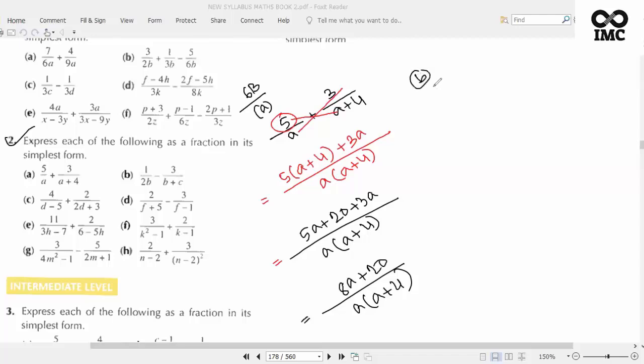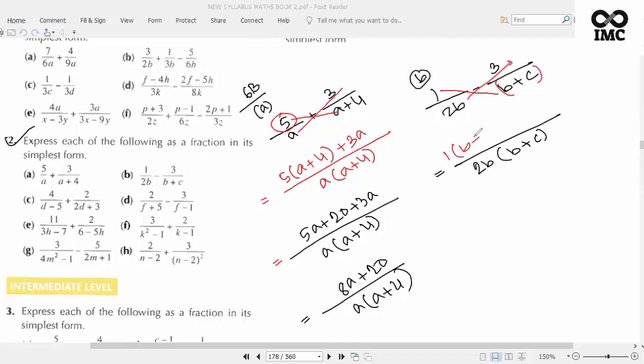Similarly, if I want to solve b, 1 by 2b minus 3 by b plus c. Similarly, what will be the LCM? LCM will be 2b into b plus c. Okay. Now, we multiply this 1 by this and this 2b by 3. So, 1 multiplied by b plus c minus 3 multiplied by 2b.